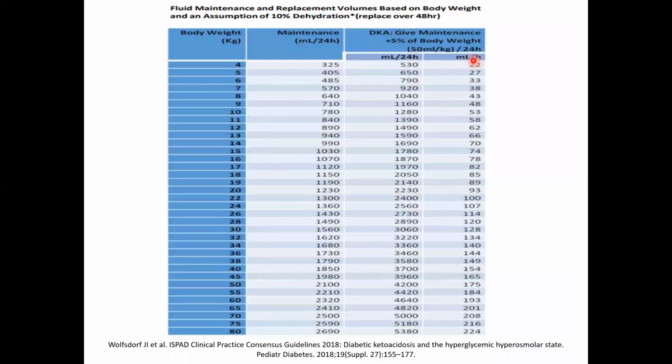And then here we have the amount of fluids in mils per hour. So for our 14 kg girl, the amount of fluid we would give is 1,690 mils over 24 hours. And if you multiply that by 2, that will give you 3,380 mils over 48 hours.